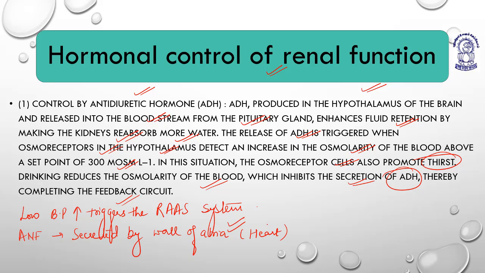It is secreted in response to high blood pressure. The triggering response is high blood pressure, high sodium ion concentration, high blood volume. It basically opposes the RAS and ADH.